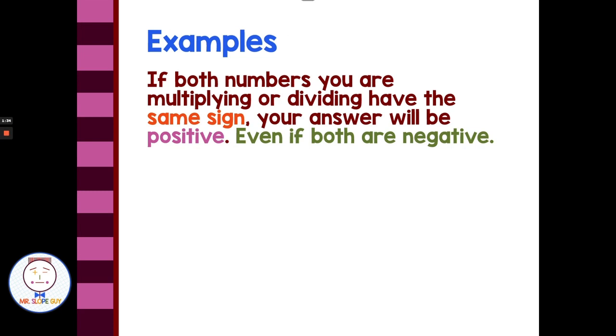Now, if both numbers you're multiplying or dividing have the same sign, your answer will be positive, even if both are negative. So a negative times a negative is positive. This is not true when it comes to other rules. This is a rule specific to multiply and divide. Same sign, positive, even if they're both negative.